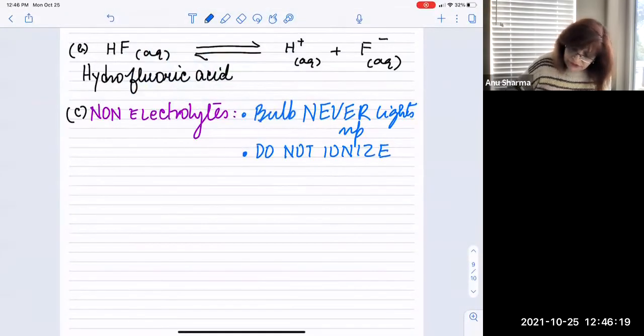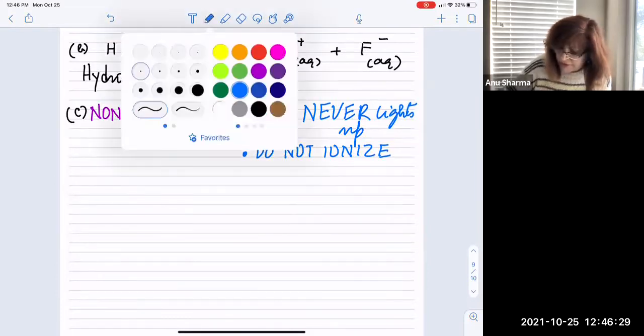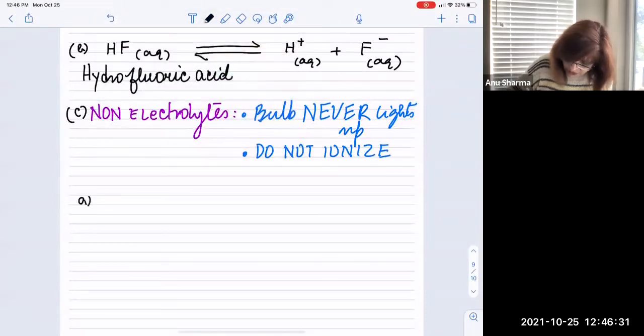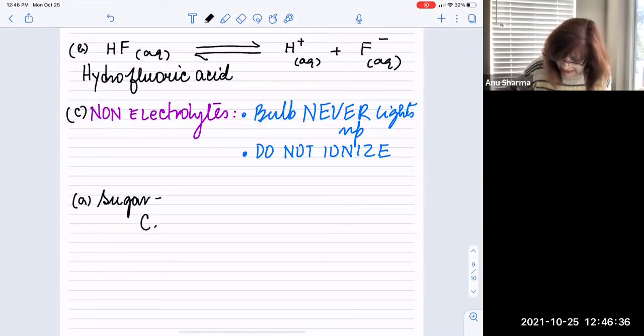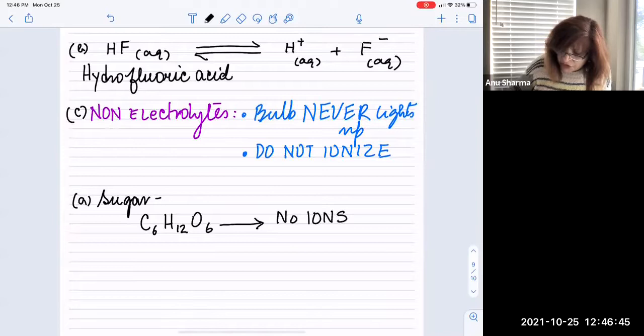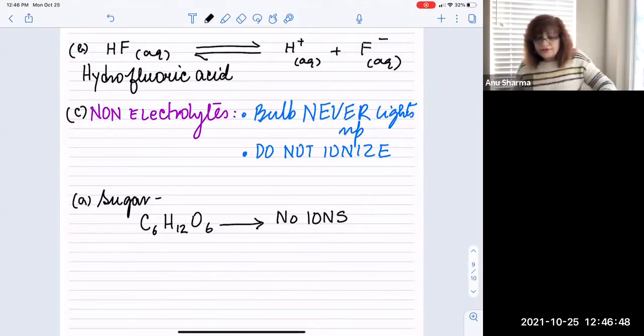So what are the examples? For example, let us say hexane. Or even sugar, for example. Sugar is C6H12O6. So it has no ions. In order to be an electrolyte, you have to have the ions, okay?